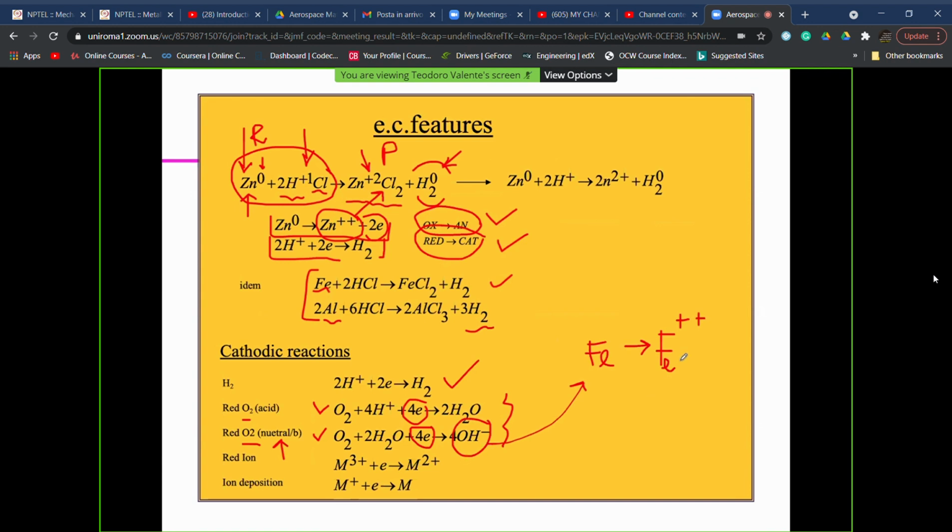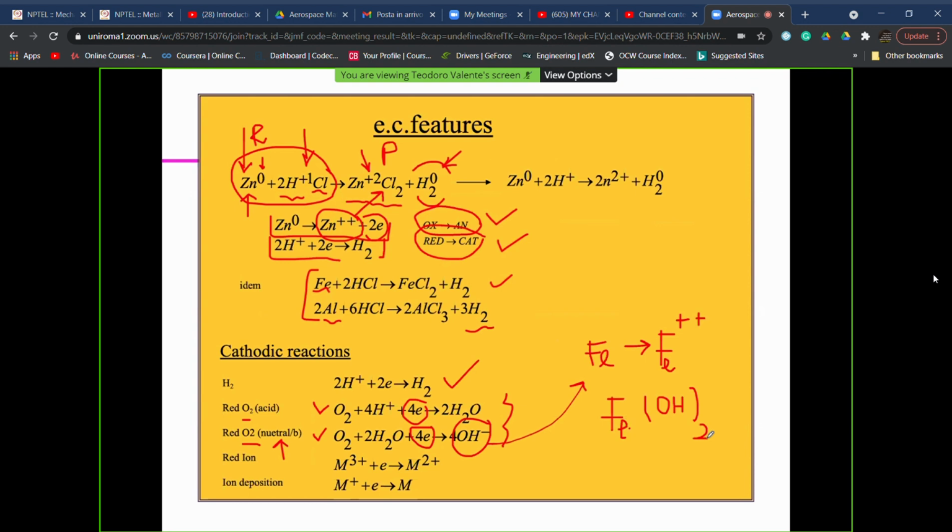So the iron ions which are in solution, here we do not have chlorine minus 1, but we have OH minus 1, can react with these hydroxyls, that is, with OH minus 1, and then they can form, for example, hydroxide, which has the form of iron and then 2OH.